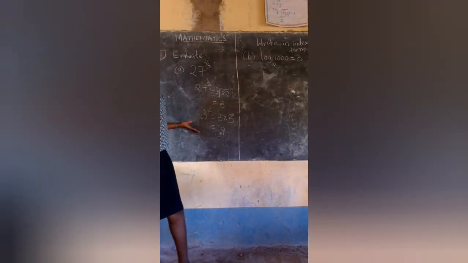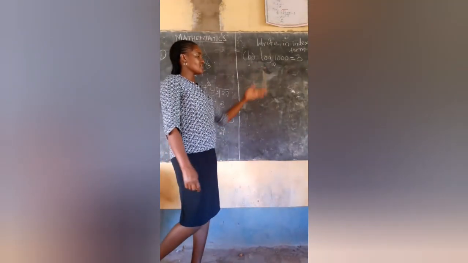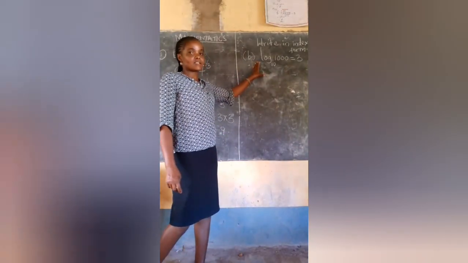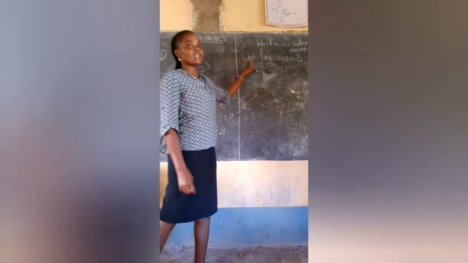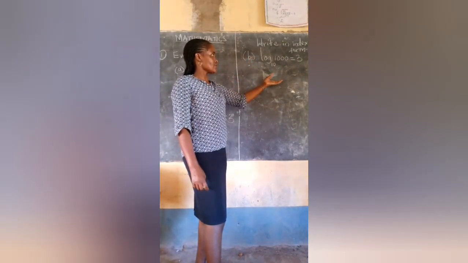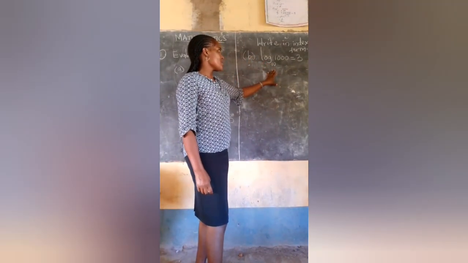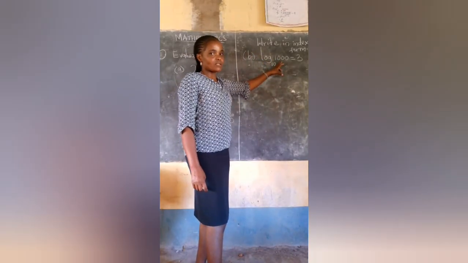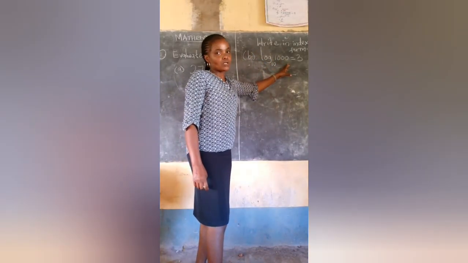Then from there, we can move to logarithms, whereby we are supposed to write this number in index form, which is already in logarithmic notation. In this case, this number is written as log 1000 base 10 is equal to 3.